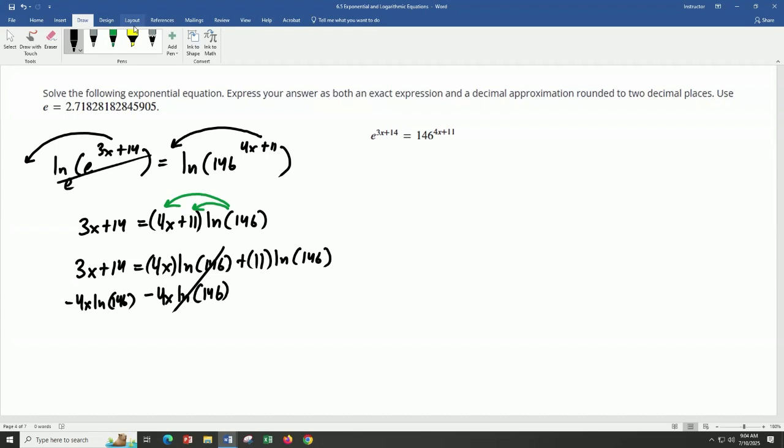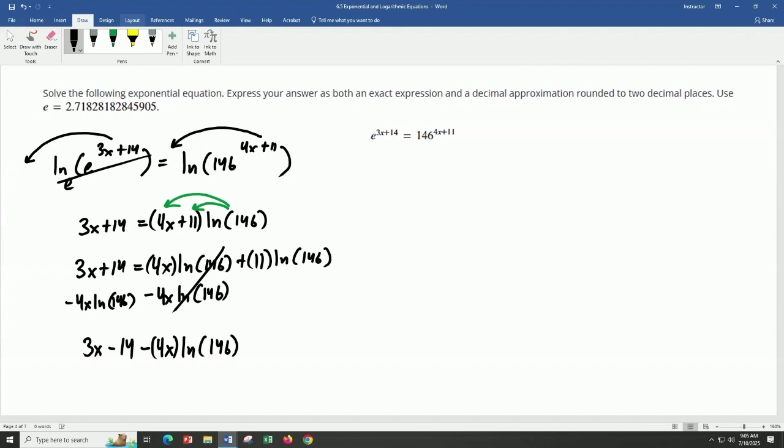Don't just be monkey see, monkey do. Understand why I'm doing what I'm doing, so that way you can do it later on your homework, on your chapter test, and on your final. X is on the one side. Rewrite: 3x minus 14 minus 4x, I'm going to put a little parenthesis there, ln 146.